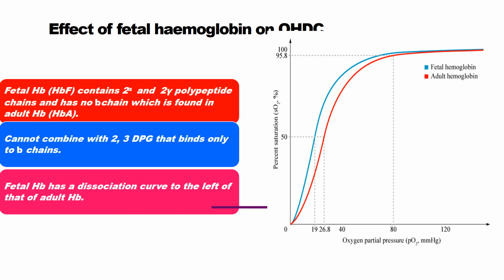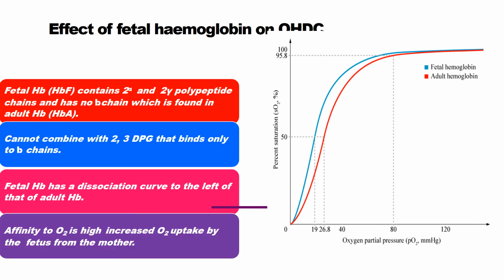Therefore there is shifting of the curve towards the left side, and as can be seen in this graph also, 50% saturation of the fetal hemoglobin occurs at a partial pressure of 19 millimeters of mercury, whereas in adult hemoglobin the P50 value is 26.8, meaning thereby that even though the fetal blood is exposed to a lower PO2 value as compared to the maternal blood, it has increased affinity for the oxygen.